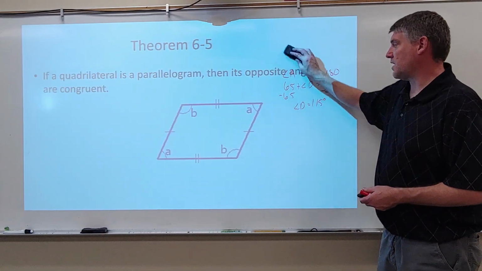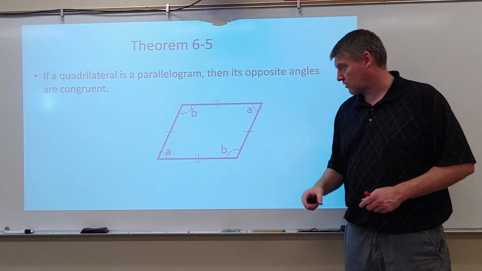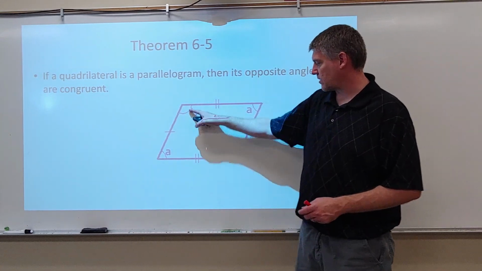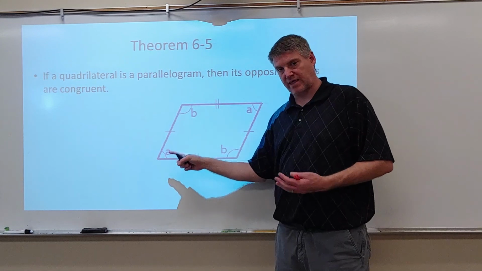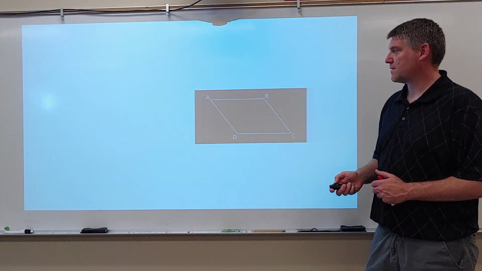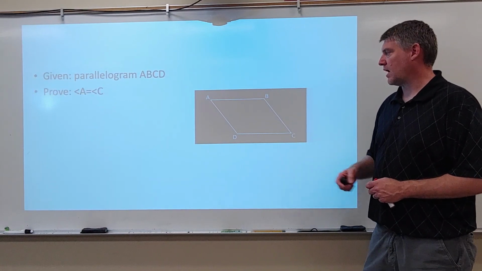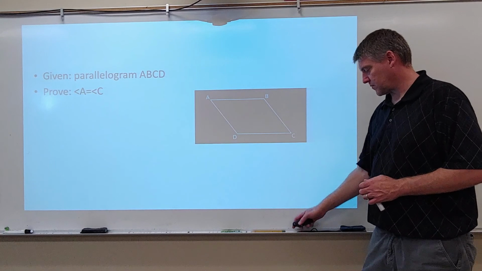Okay. If a quadrilateral is a parallelogram, then opposite angles are congruent. So these opposite angles are congruent. And in the diagram, you kind of saw that. Given that this is a parallelogram, prove A is congruent to C. Okay?